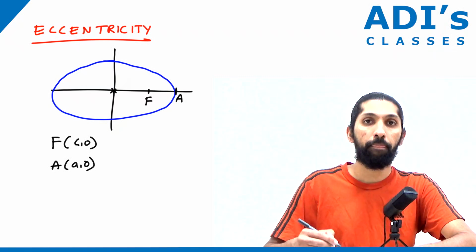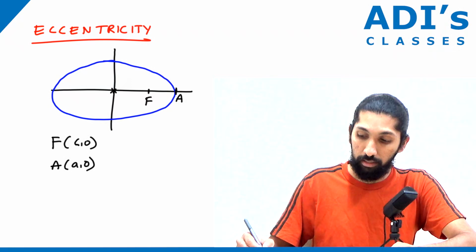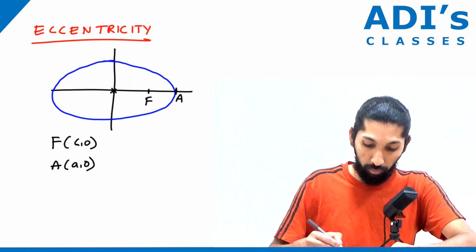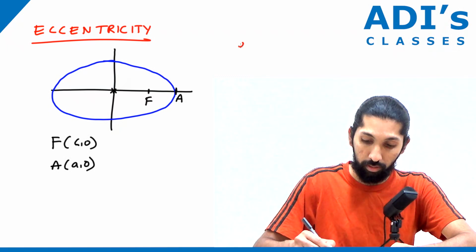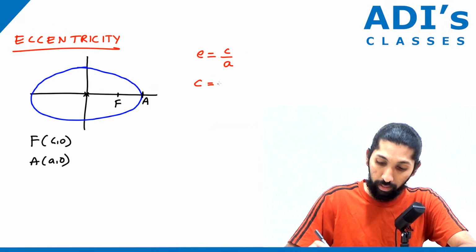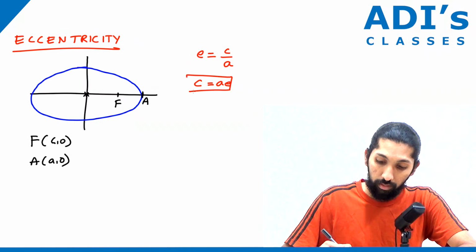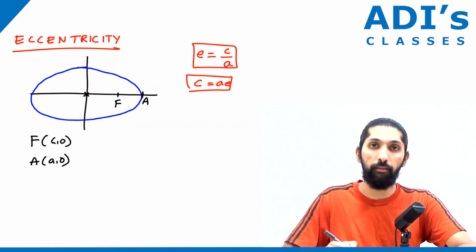Now, the eccentricity is defined as the ratio of the focal distance to the vertex distance. That means E is equal to C divided by A, or you can write C is equal to AE. This is the formula we use for eccentricity.